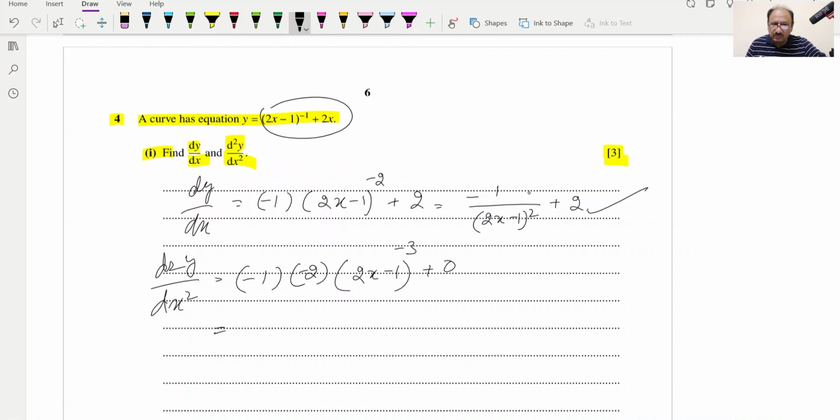And now we can shift the negative power to the denominator, so minus 1 into minus 2 will be plus 2, so 2 over (2x minus 1) cubed, and basically we have to take the derivative also. The derivative of 2x we missed over here will be 2, plus 0.